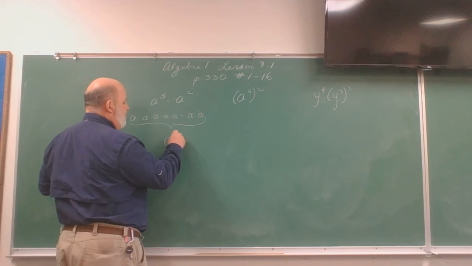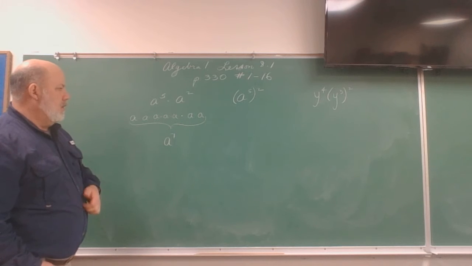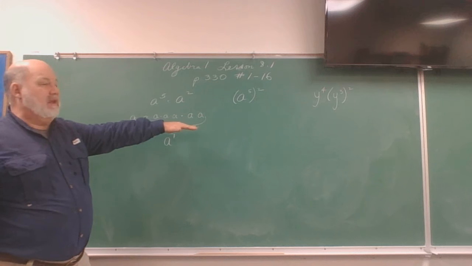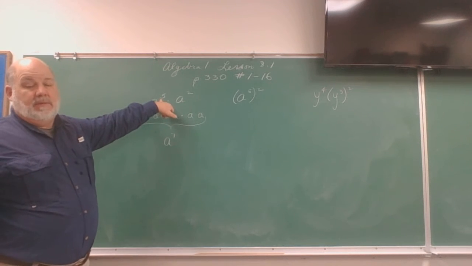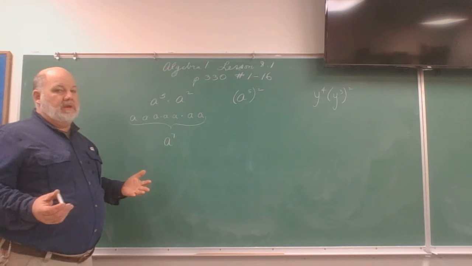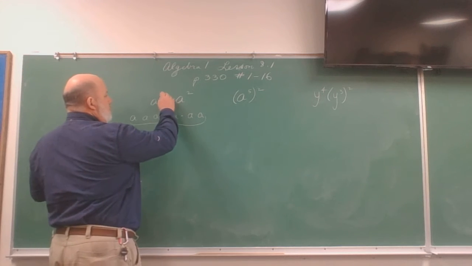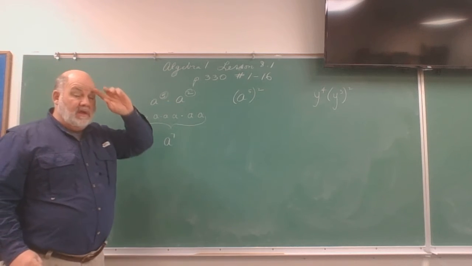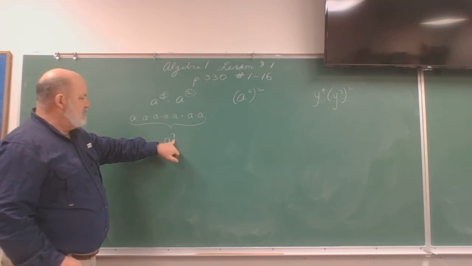There are 7 a's. We didn't have to draw it up like this. That gets tedious, especially if this had been like 57 and this had been 23. What's the easy way to do it? The powers, the 5 and the 2, get added. 5 plus 2 is 7.